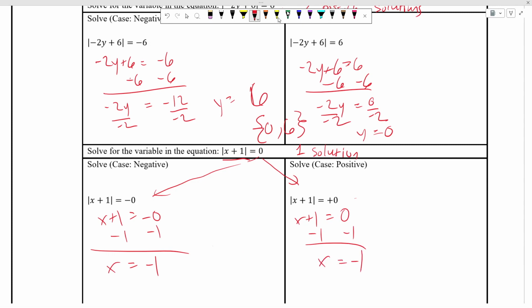Hey guys, look, these things match. Thus, it is simply only one solution, and you guys have it here, -1 is that solution. So you can kind of see mathematically, it does make sense that this results in one solution. So when you see 0, your mind should automatically go to, hey, the answer is going to be just one thing.